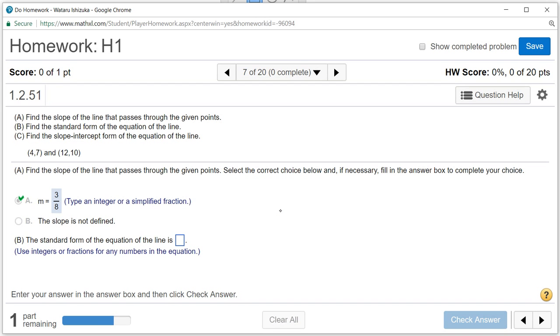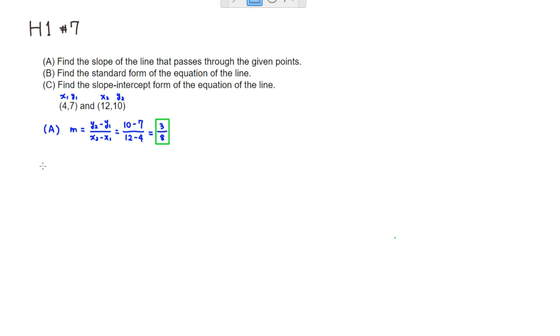So let's do part B. We want to find the standard form of the equation of the line. The standard form is ax plus by is equal to c.